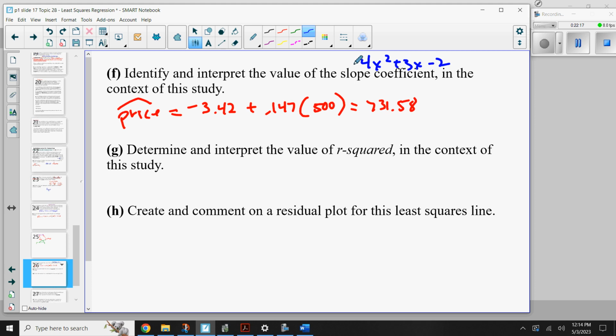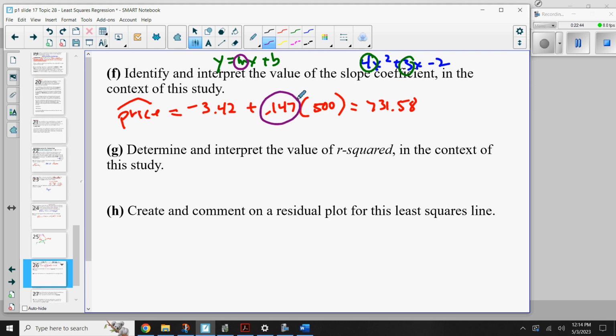So in this case, 4 is a coefficient, 3 is a coefficient. When we're talking about slope coefficient, we're thinking about y equals mx plus b. We're looking at the slope, the m. So the slope coefficient of our linear regression formula is 0.147.